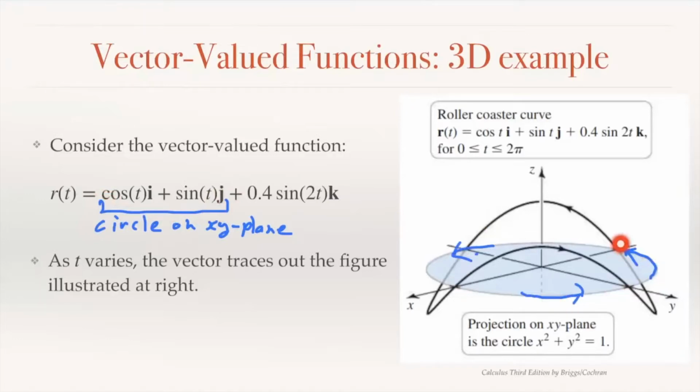So this blue circle here. And then what does z do as we move around? Well, sine oscillates up and down. So as we move around, we oscillate up and down, always with our xy trace being on this circle. So everywhere the function is above the perimeter of this circle. So that goes up and down like this.